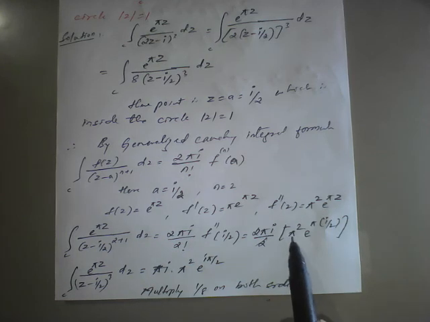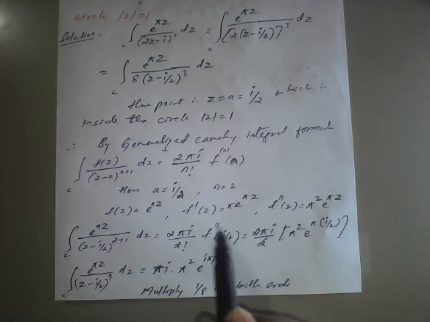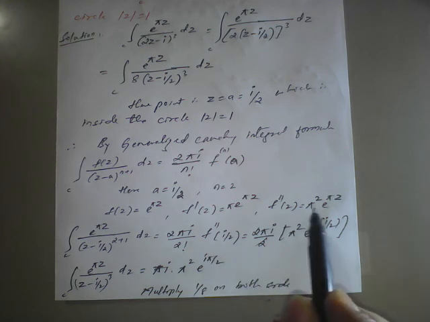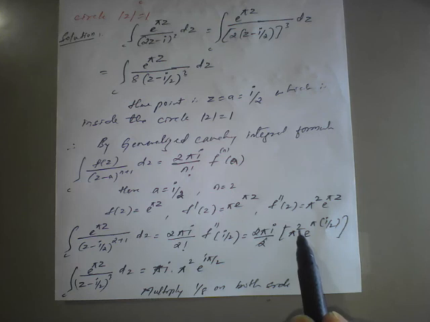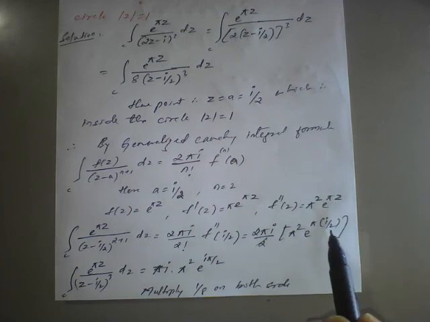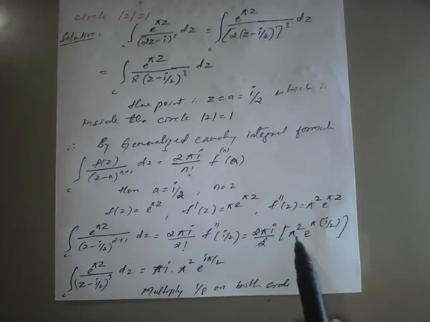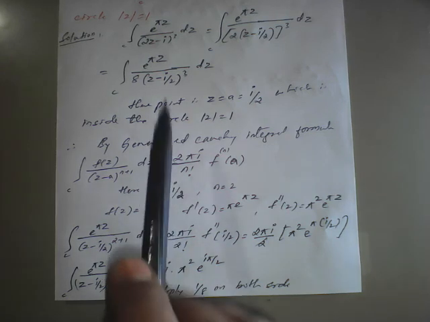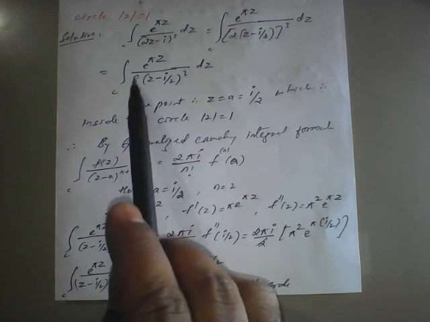So 2 pi i upon 2 as it is, and f double dash becomes pi square, as it is, e raised to pi of i upon 2. On simplification, 2 and 2 get cancelled, pi i is left, pi square into e raised to i times pi upon 2. But this is our given required question.